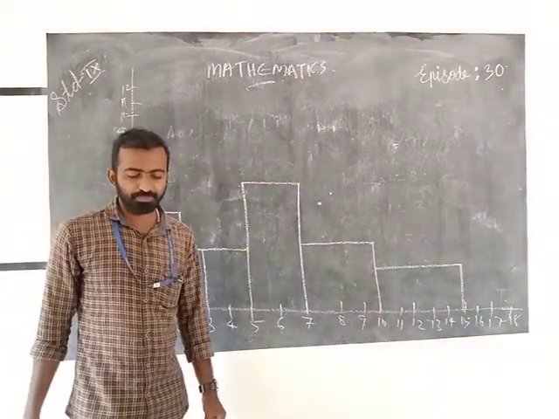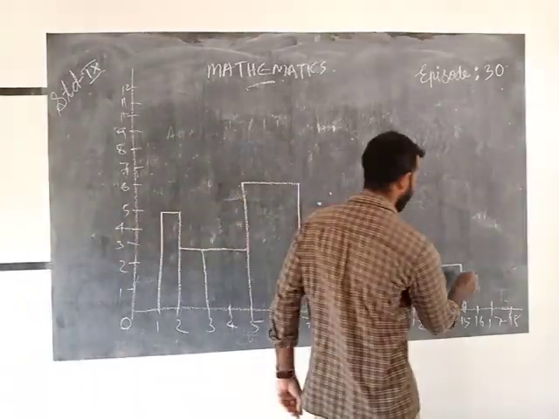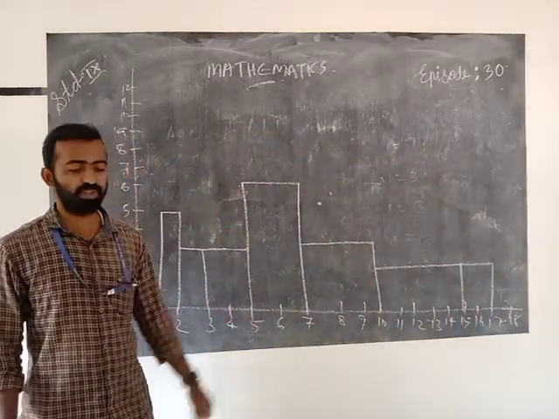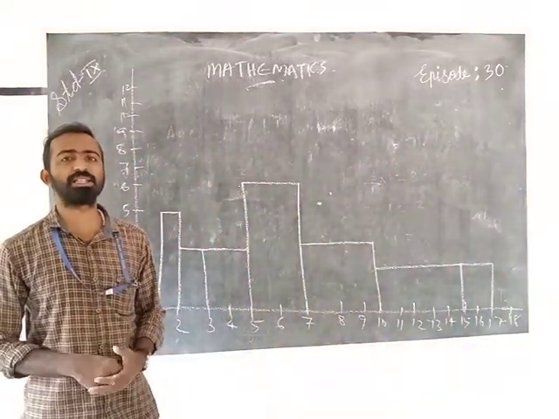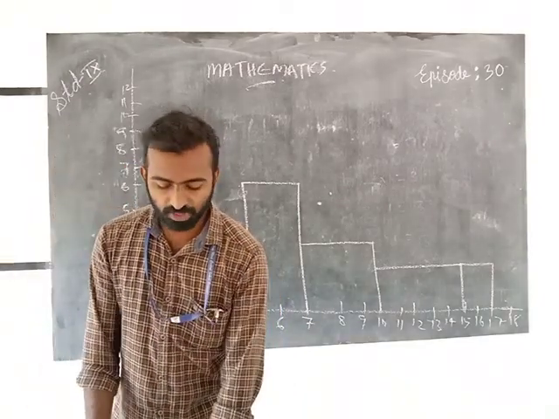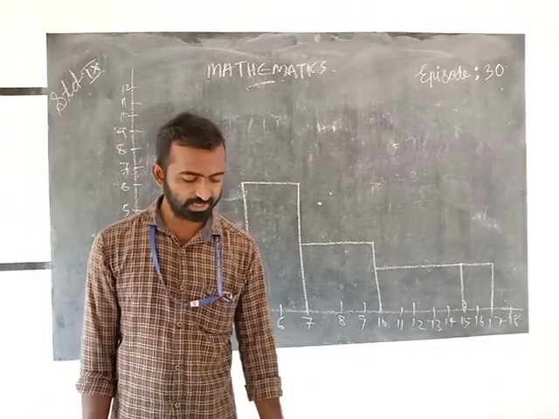And next, 15 to 17 also gets 2. This is the histogram for the given data. First we modify the table, and then we take it as a graph.